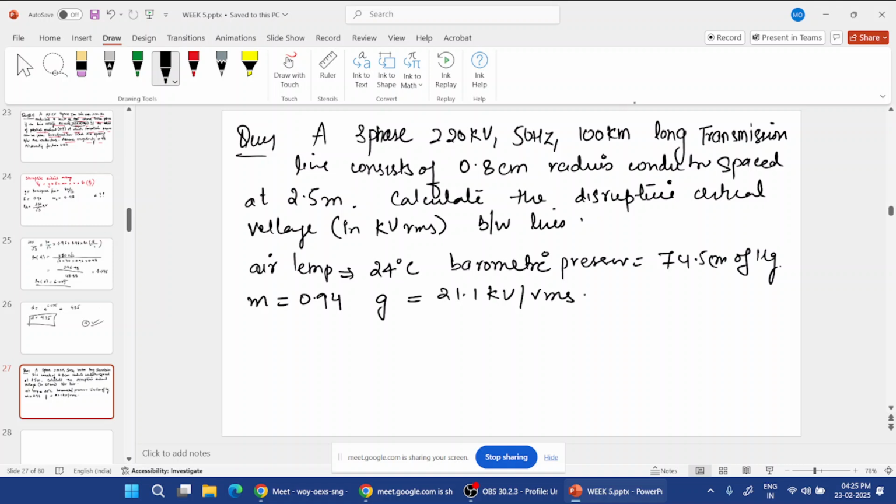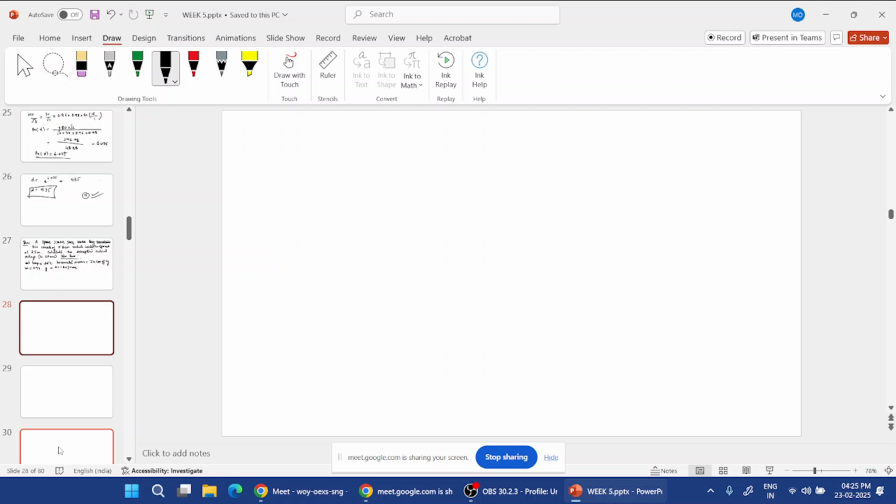Okay, it's a very simple question. You can calculate the disruptive voltage, but here keep in mind we have to calculate between the lines, because in general the disruptive voltage we calculate is line to neutral. So let me solve it for you first.